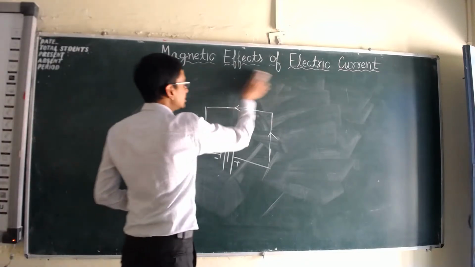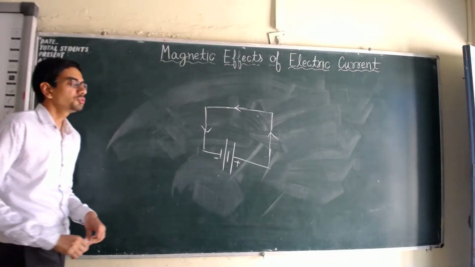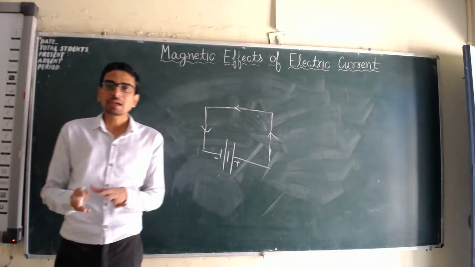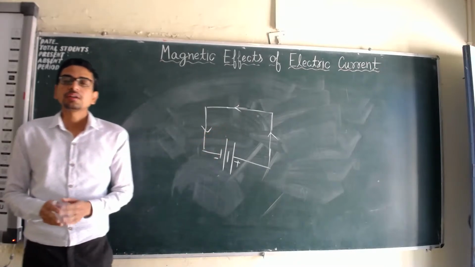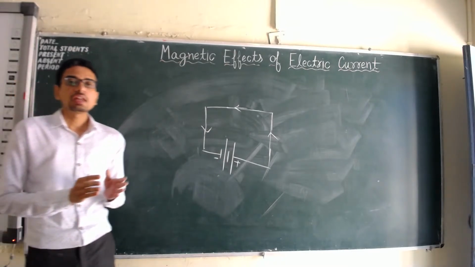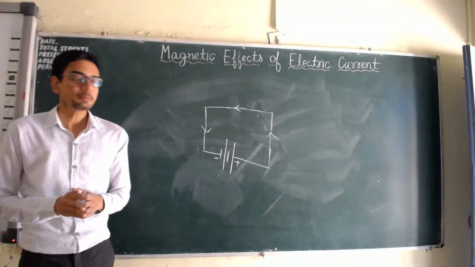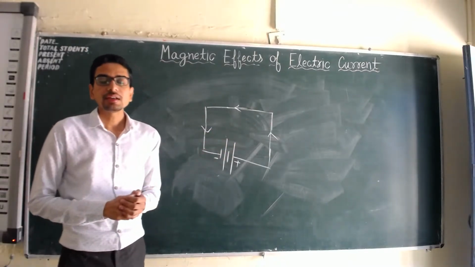So how was it discovered that current has magnetic field? So you know that a magnet attracts another magnet, attracts or repels. Magnet के around अगर आप कोई magnet रखोगे या कोई magnet का metal का piece रखोगे, then it will either attract or repel. Okay. So what happened? This is an electric circuit, electric wire.